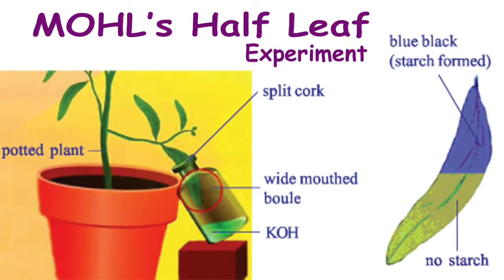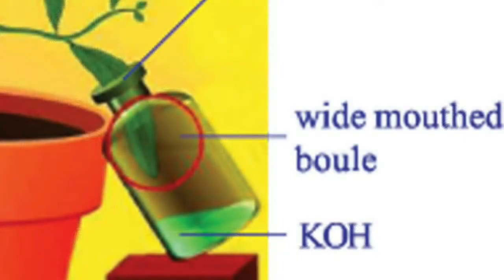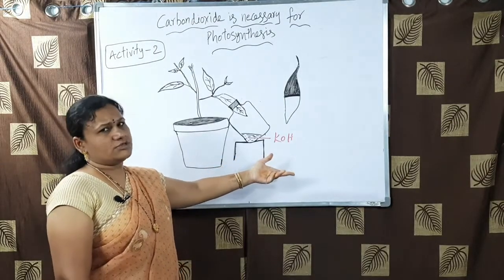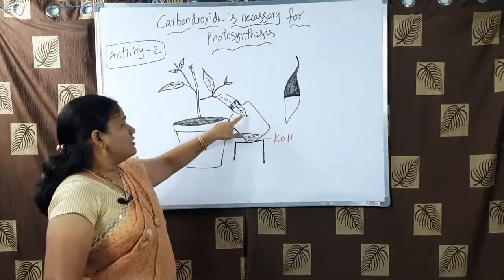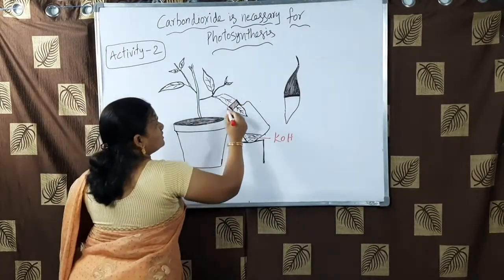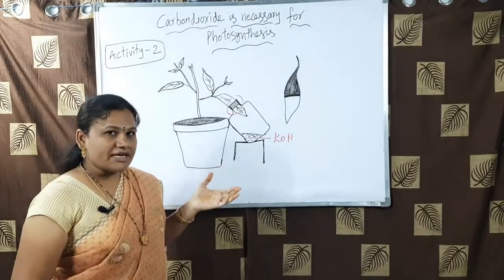Next, take a wide-mouthed glass bottle which is filled with potassium hydroxide solution or pellets, and close this bottle with a split end cork.